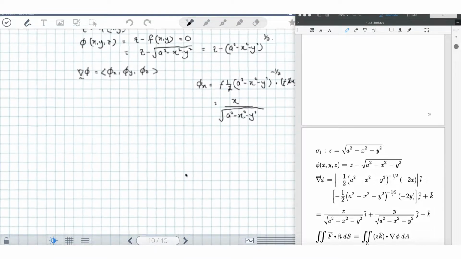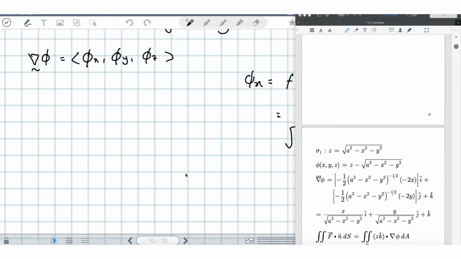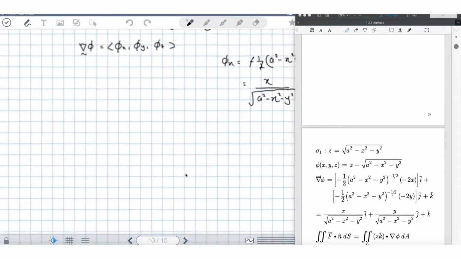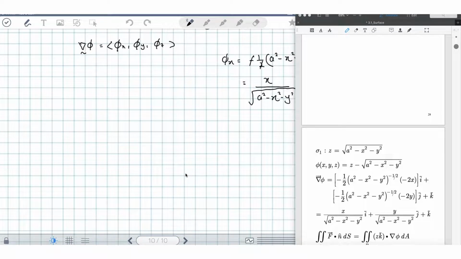So that is your first. Because it is quite a long expression, I have to rewrite it here. So the first one is x over the square root of a squared minus x squared minus y squared.